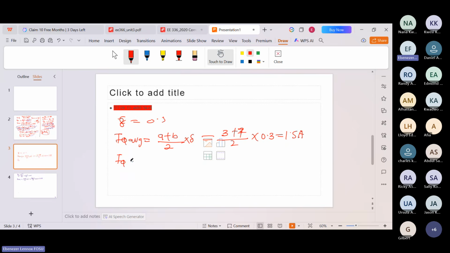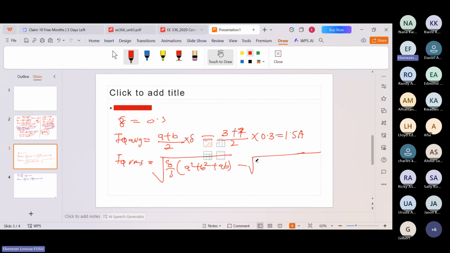Now we calculate the RMS. IQ RMS is given by the square root of duty cycle over 3 times A squared plus B squared plus AB. This is the formula we were given, so we just use it.